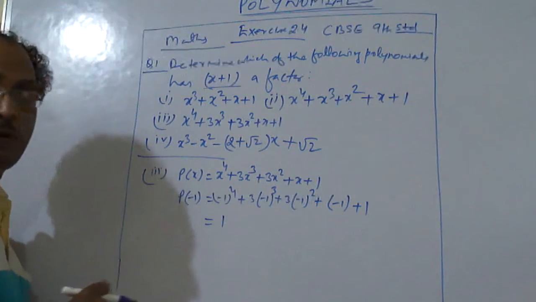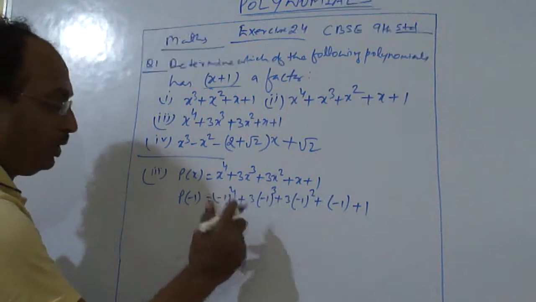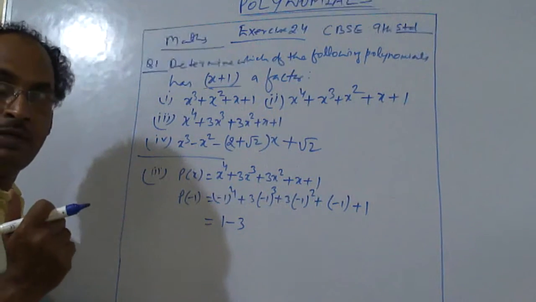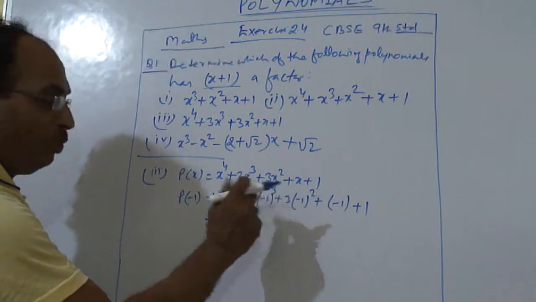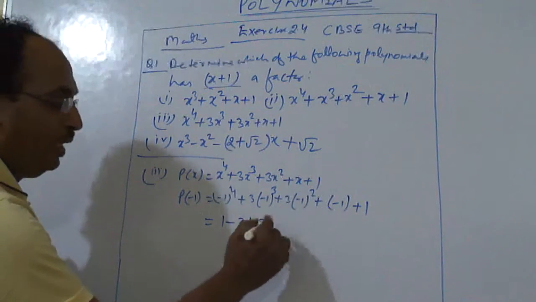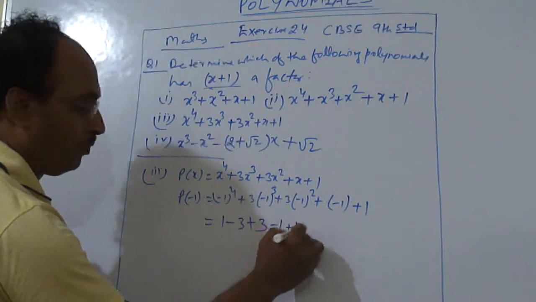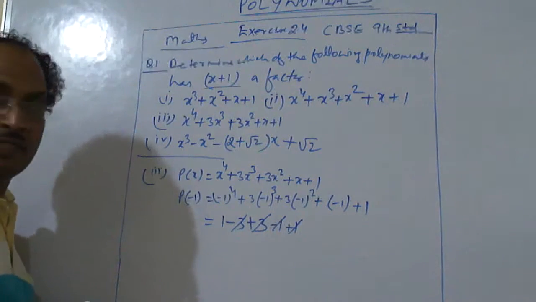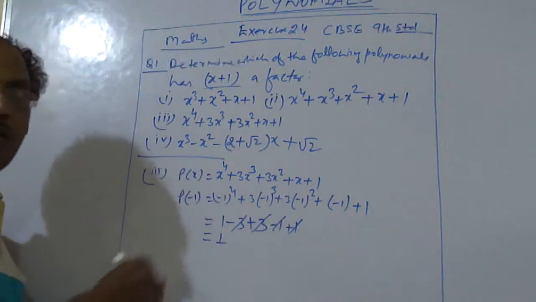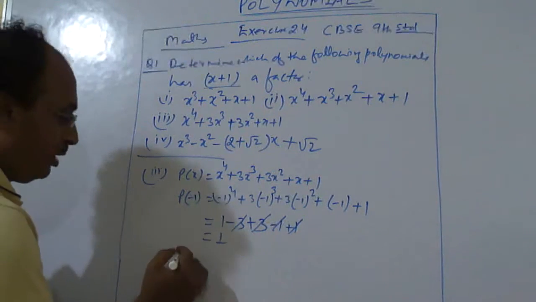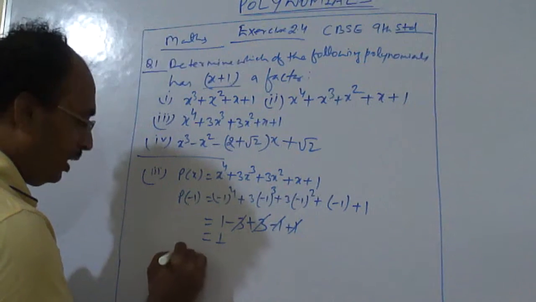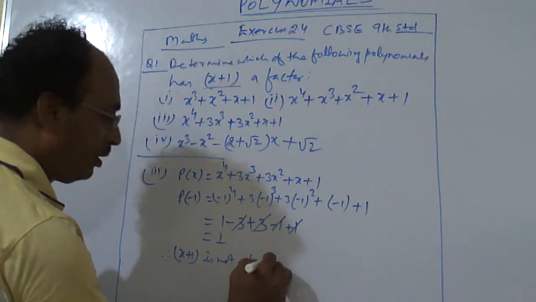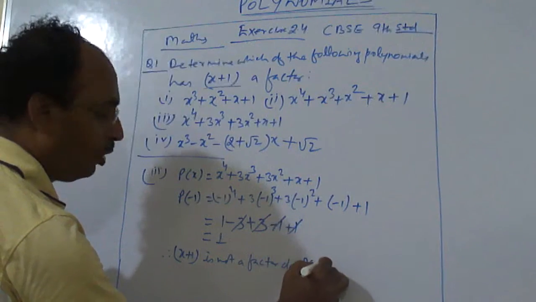And minus 1 to the power cube is minus 1, into 3, minus 3. Minus 1 to the power 2 is 1, into 3, plus 3. Here minus 1 and plus 1. So minus 1 plus 1 has got cancelled, 3 minus 3 has got cancelled. Left with again 1. Remainder has become 1. So therefore x plus 1 is not a factor of polynomial p(x).